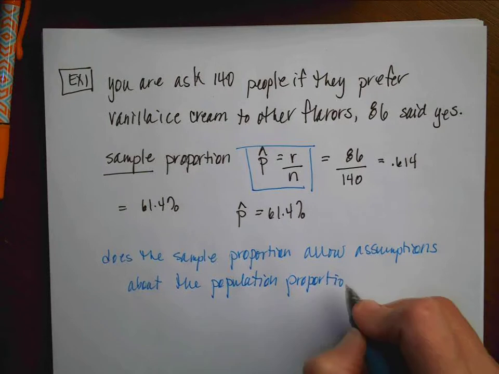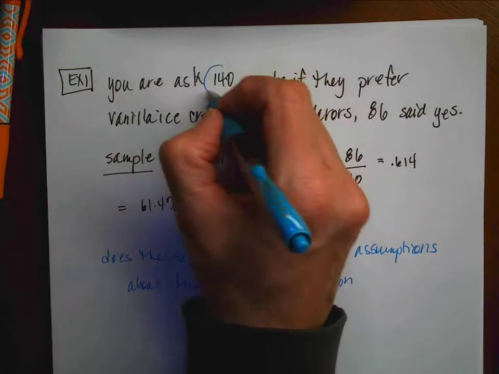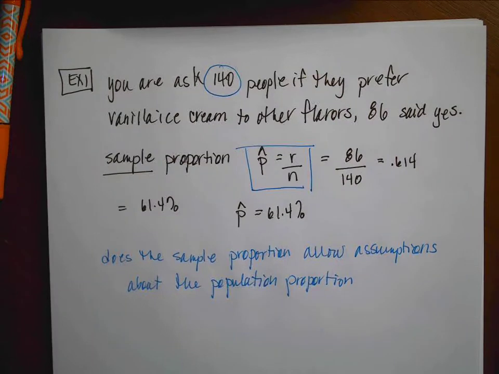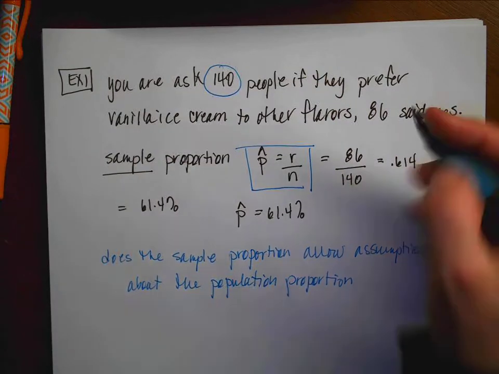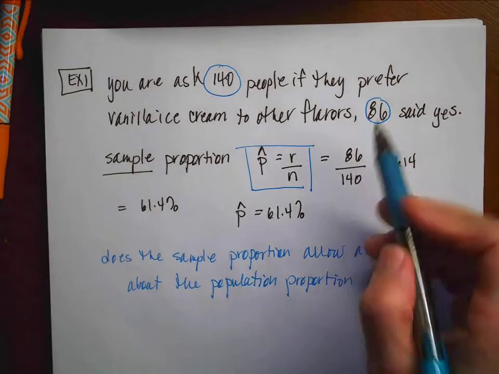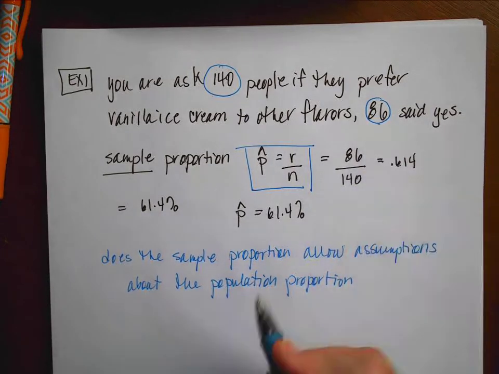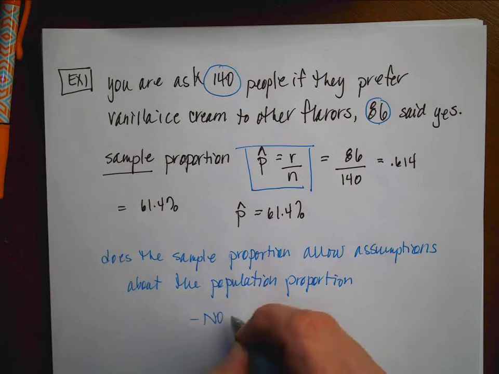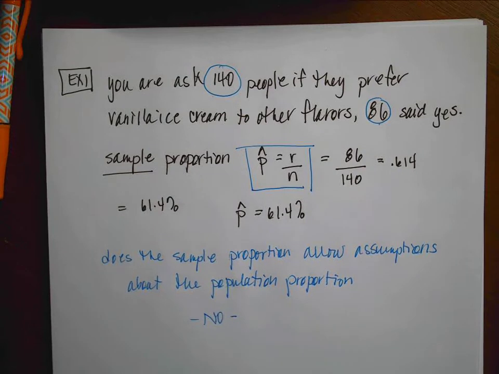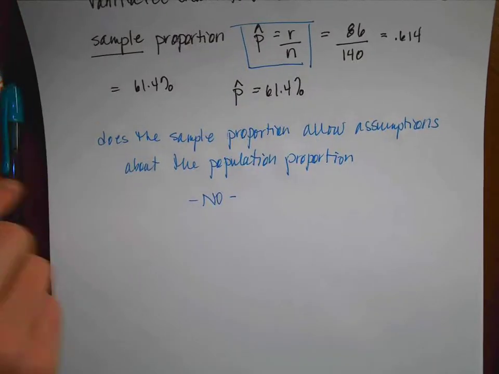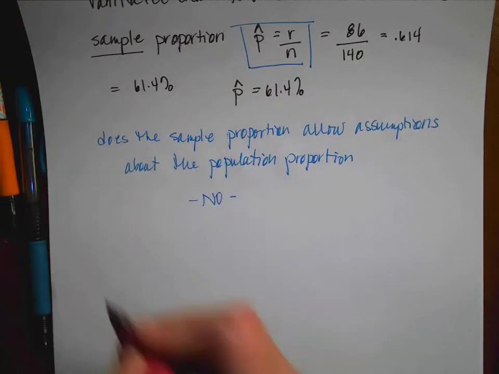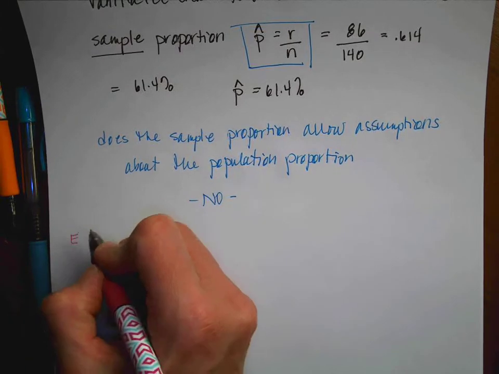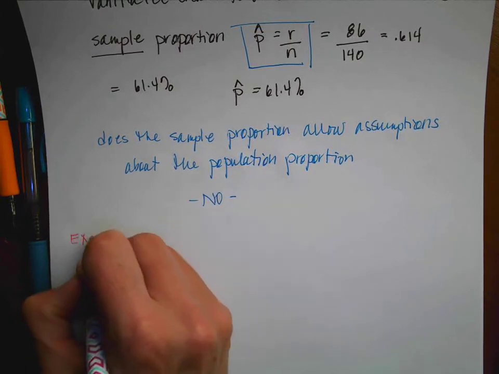So if you think about what we just did, we looked at a total of 140 people. So do you think that the opinions of 140 people and then the 86 that responded are indicative, or do they represent what the total population would believe? And so oftentimes this is a no, right? So we need to increase our sample size to be able to have an example that potentially more accurately reflects the whole population. So we have one more example for us today.